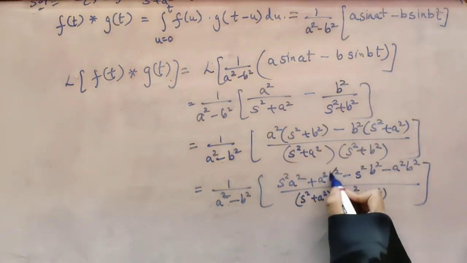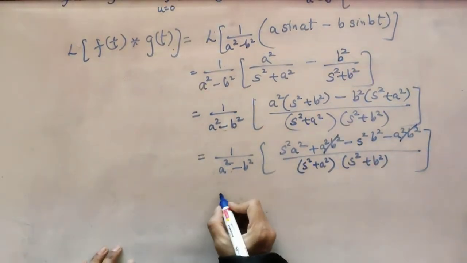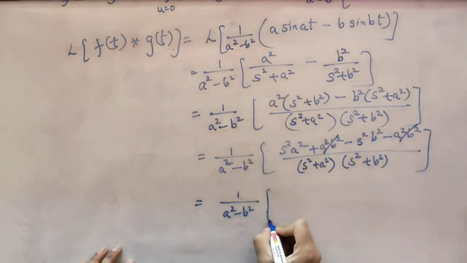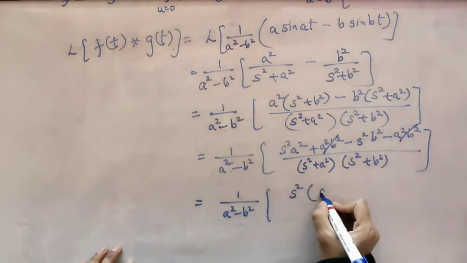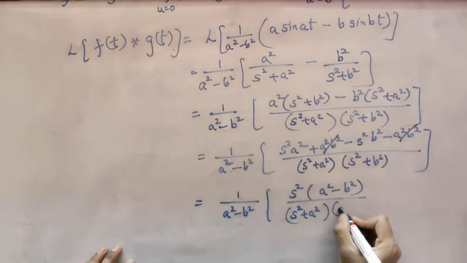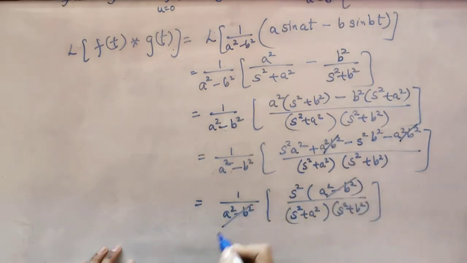Now you see this and this is getting cancelled. You can take s square common. If you take s square common, you have a square minus b square inside the bracket, divided by s square plus a square and s square plus b square in the denominator. Now these two things will again get cancelled.